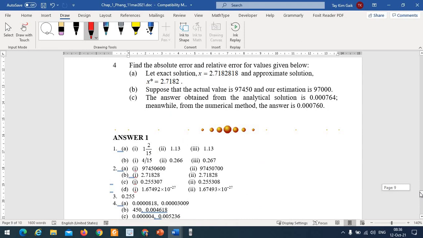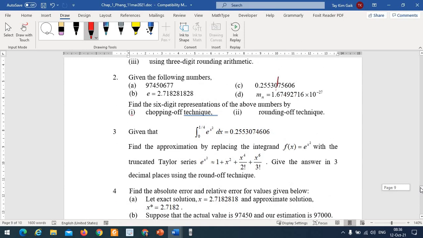2C, 255307. The first digit there is not complete. Let me see.